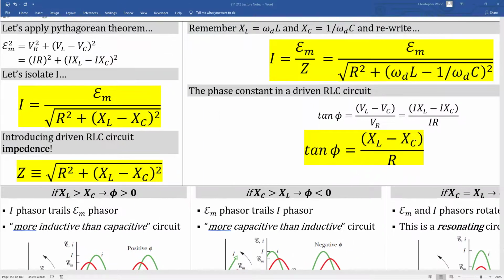Let's replace inductive reactance, X sub L, with omega subscript D times L, and let's replace capacitive reactance, X sub C, with 1 over omega subscript D times C, and you can see we get another expression for the tangent of the phase angle phi. This is very useful in some circumstances.